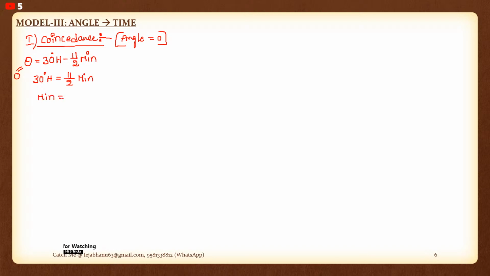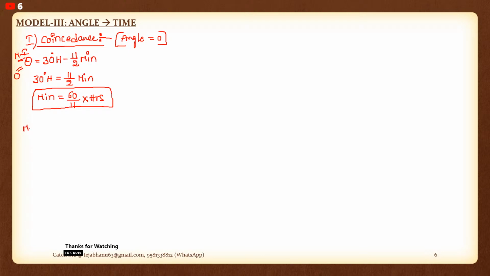Minutes is equal to 60/11 into hours. With this formula, we can find out the angle of coincidence. This is formula method. This is method 1.